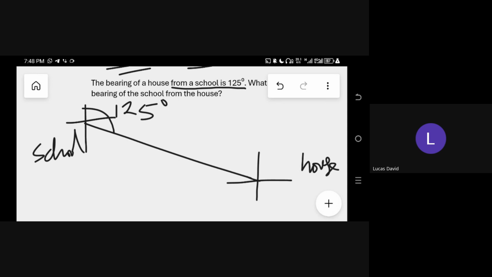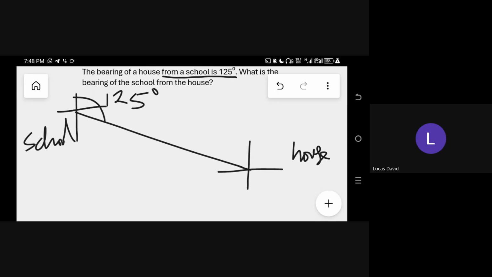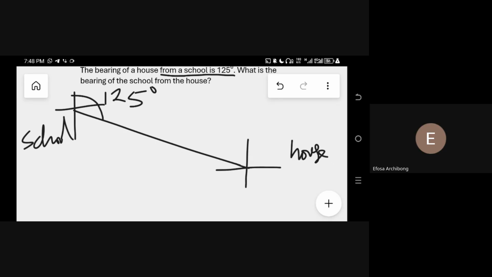If this place is 125, then by alternate angles, the first thing you need to do is get the alternate angle at the house. The alternate angle to 125, you have to get it at the house first.